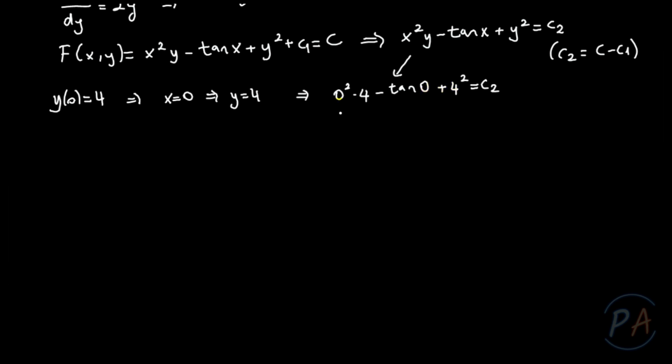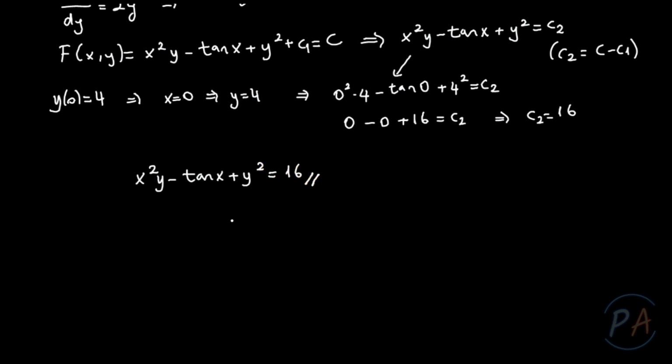Then this one is 0 minus 0 plus 16 equals c2. So c2 is 16. So the solution of the initial value problem is x²y minus tan x plus y² equals 16. This is the solution.